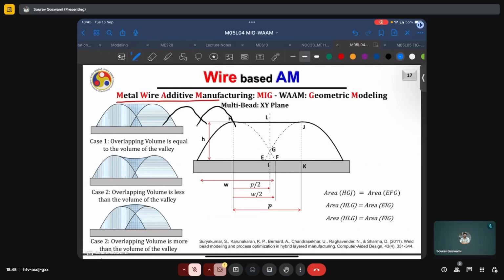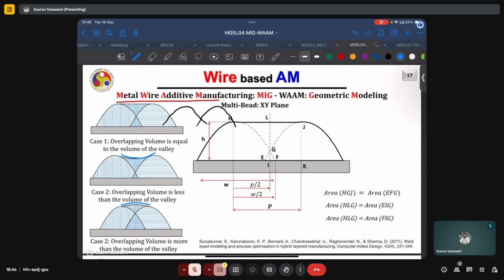Whereas in some of the other cases, this surface can be concave or convex, both of which are undesirable. And the question we are asking is, what is that optimum step over distance which will allow for such a flat surface to be obtained?